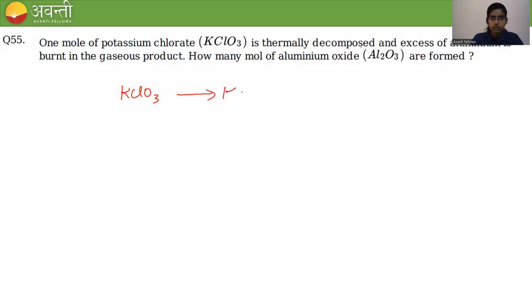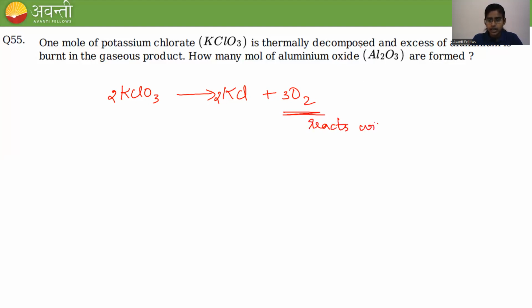So it would give KCl plus O2, right? If I have to balance this, 2 KClO3 will give 2 KCl and 3 O2. This is the decomposition of potassium chlorate, that is KClO3. Now this oxygen, okay, this oxygen is reacting.